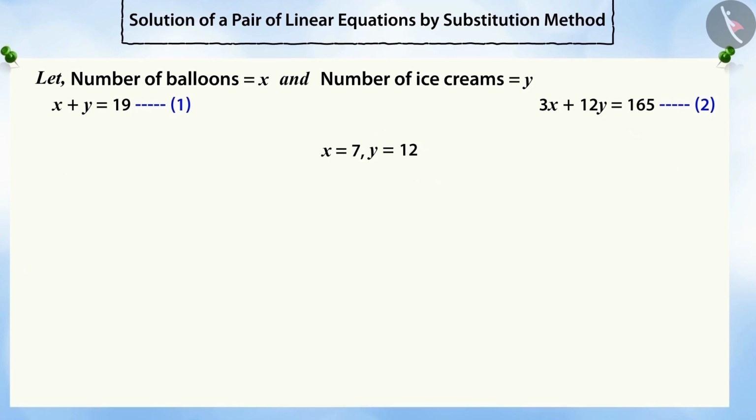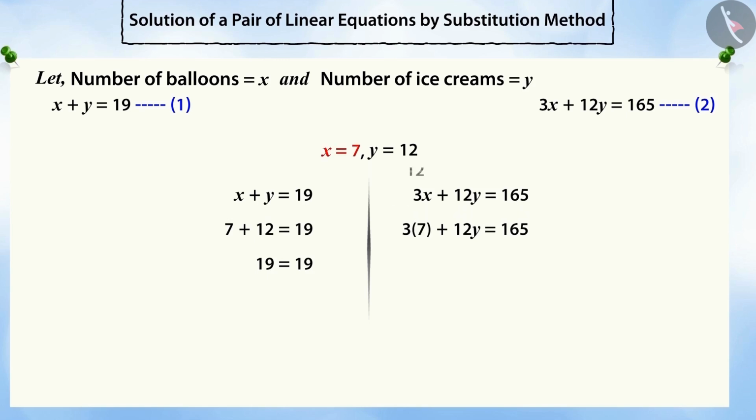Therefore, x is equal to 7 and y is equal to 12 is the unique solution to this equation. Substituting the values of x and y in both the equations and solving them, we can verify that x is equal to 7 and y is equal to 12 is the only unique solution.